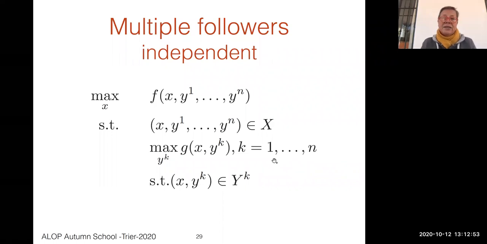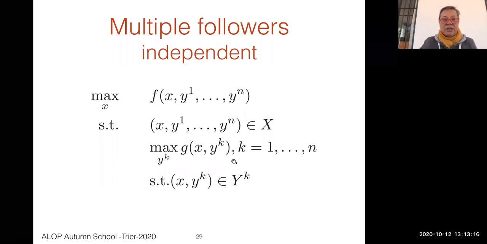This is, for instance, often the case of pricing. The decisions of the different potential buyers are not influenced by each other. Well, you may have situations where they are, but this is another story.